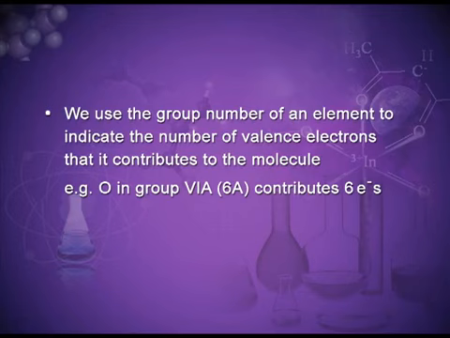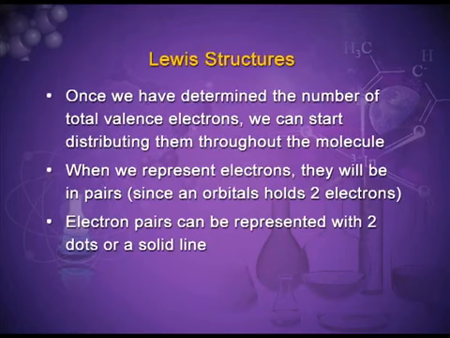Example, oxygen in group 6A contributes 6 electrons. Once we have determined the total valence electrons, we can start distributing them throughout the molecule. When we represent electrons, they will be in pairs, since an orbital holds 2 electrons. Electron pairs can be represented with 2 dots or a solid line.